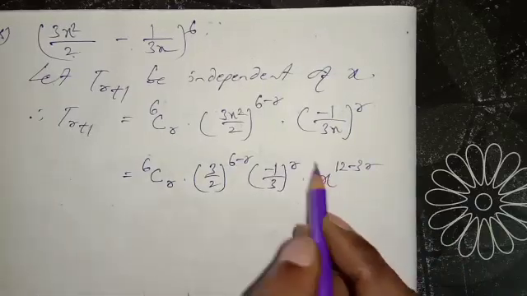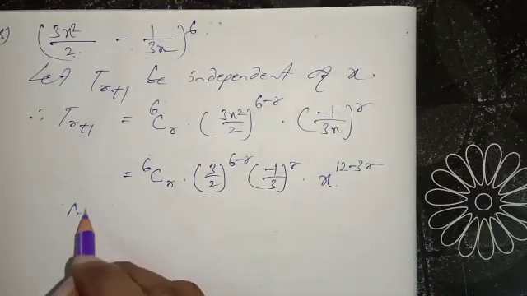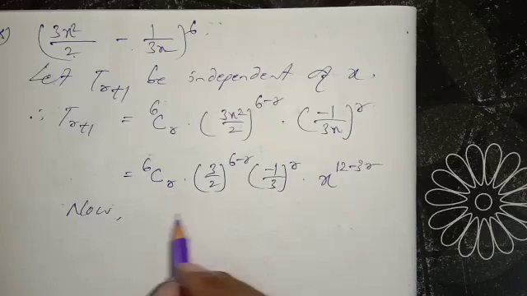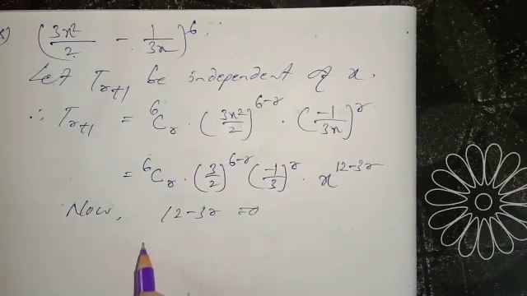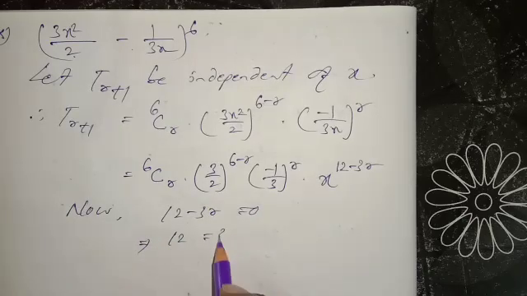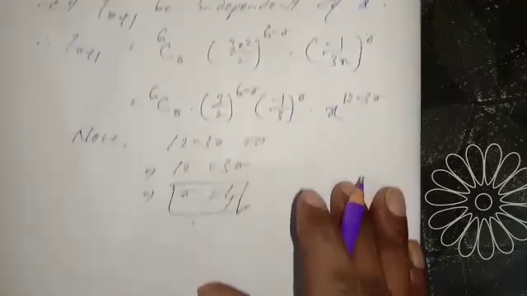As the term is independent of x, the power of x should be 0. The power of x that is coming, 12 minus 3r, should be equal to 0. Equating that power to 0, you will get 12 equal to 3r, then r equals 4. Therefore, which term is independent of x?